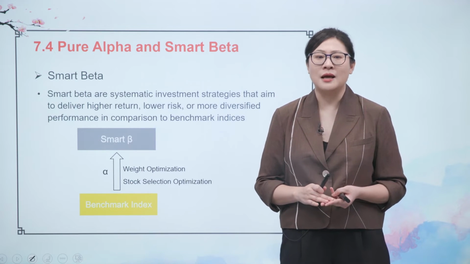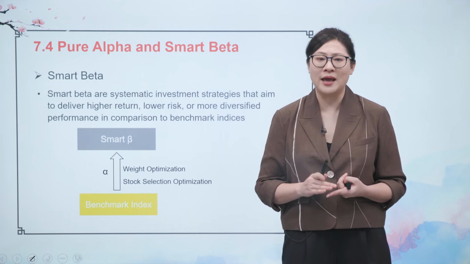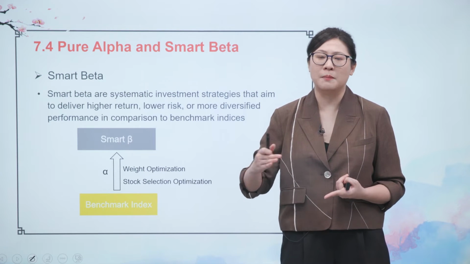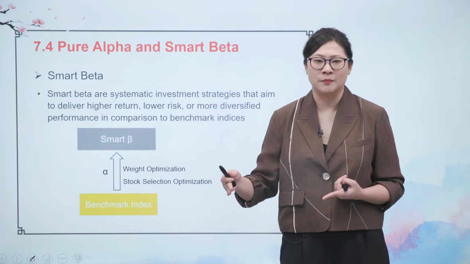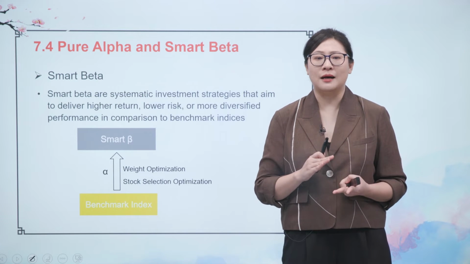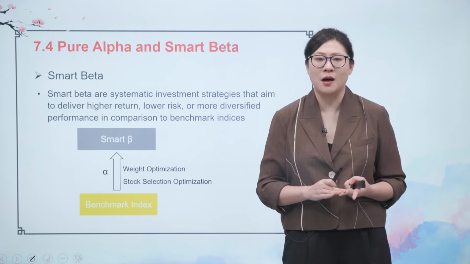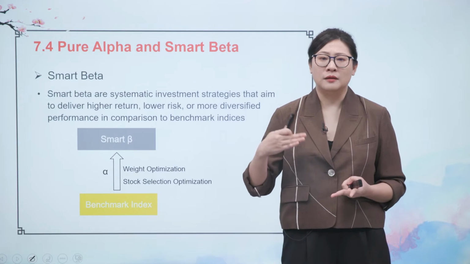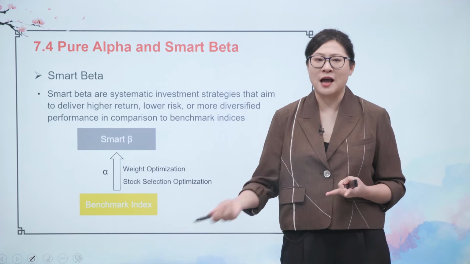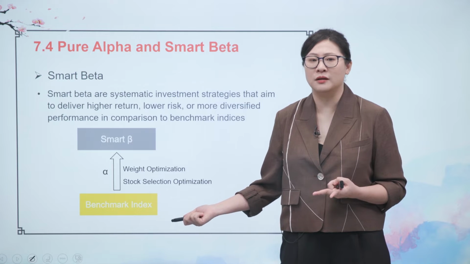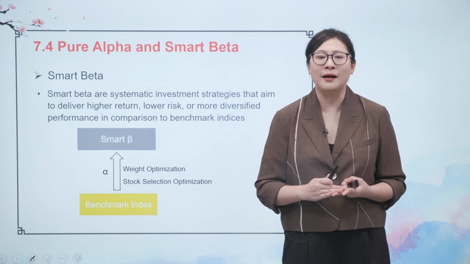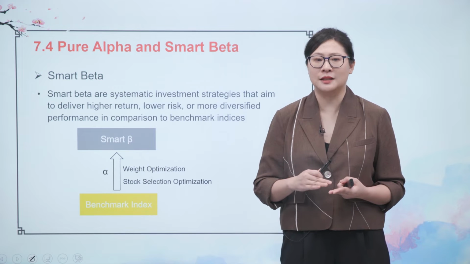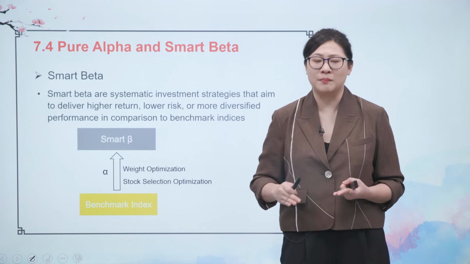One way is you only change the weight of your portfolio, as opposed to the market capitalization weight. The second way is that you only change the stock selection. If you follow the S&P 500 as your benchmark index, you can choose 100 stocks from these 500 stocks. So that's the stock selection optimization.